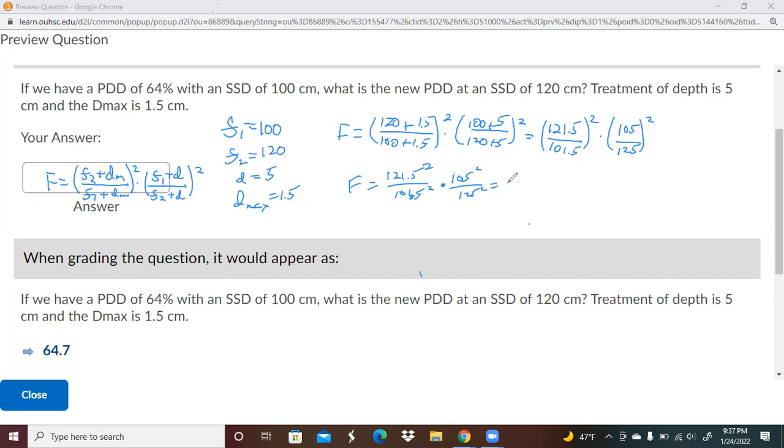I'm going to go ahead and work this out on the calculator. You guys can multiply these numbers out, I'm sure.